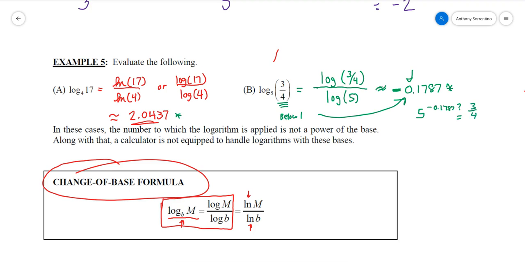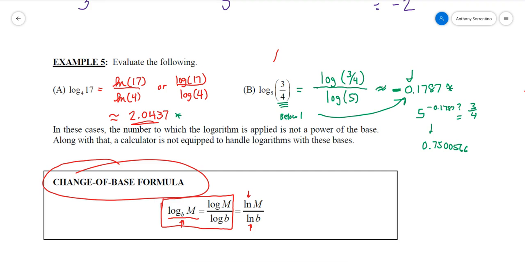And you would find out it's pretty close. If I actually do this, I get 0.7500566. Again, the more decimal places I keep, the closer it is to the right answer.